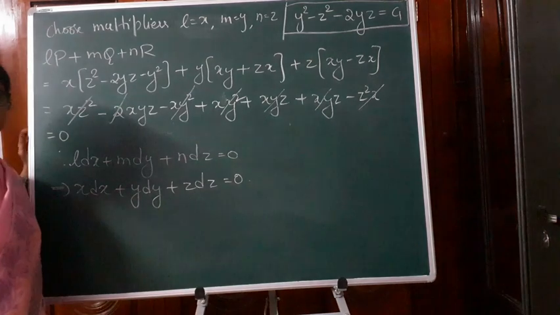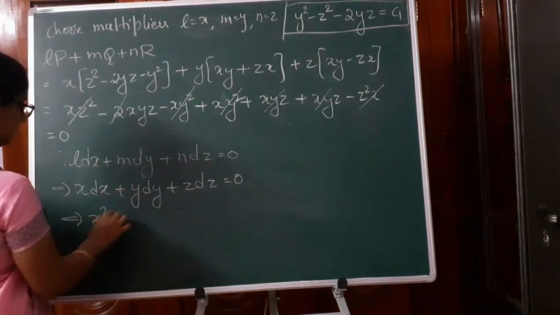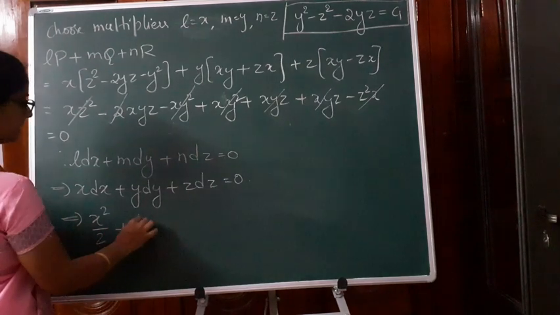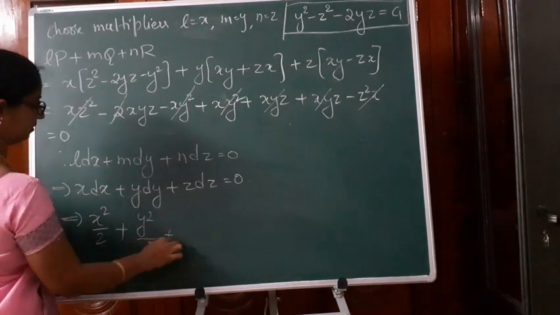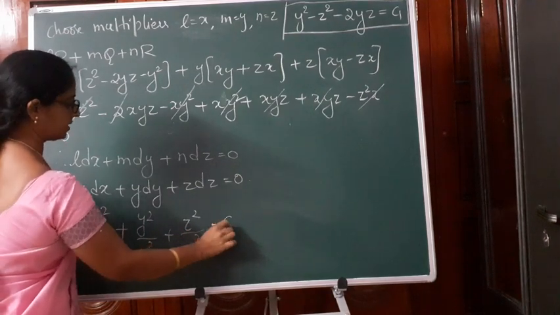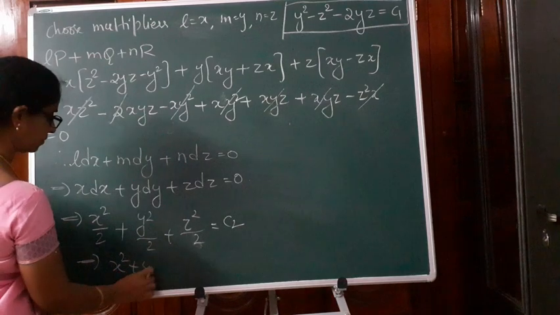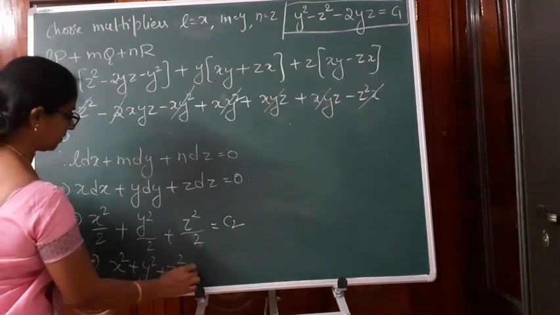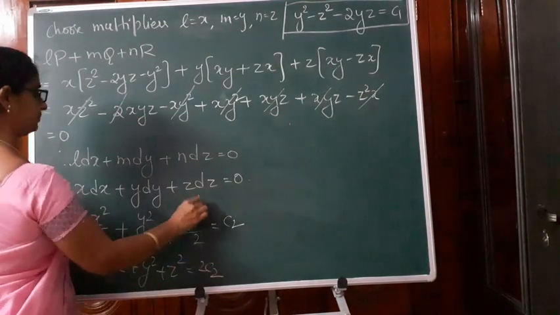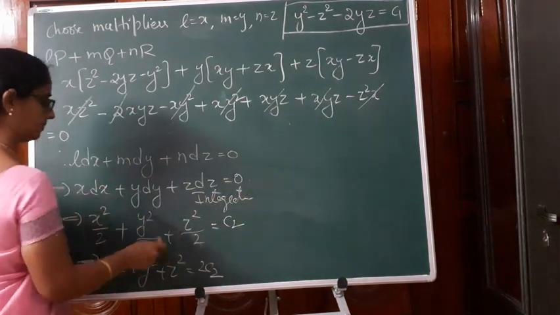Now integrating both sides, we get the integral of x dx is x square by 2, plus the integral of y dy is y square by 2, plus the integral of z dz is z square by 2, is equal to c2, or x square plus y square plus z square is equal to 2c2. So integrating here we obtain this solution.